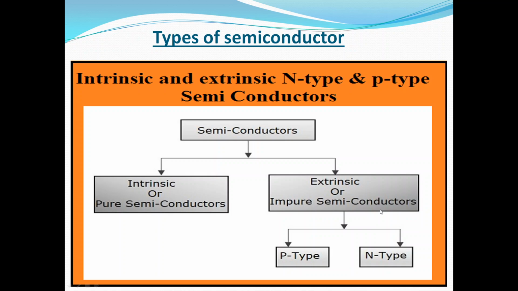Is that clear? Intrinsic is a pure semiconductor, and extrinsic is an impure semiconductor. This extrinsic or impure semiconductor is again divided into two types. First is p-type semiconductor and second is n-type semiconductor.